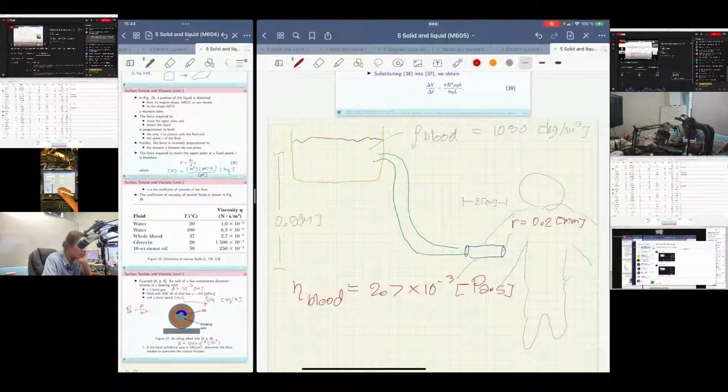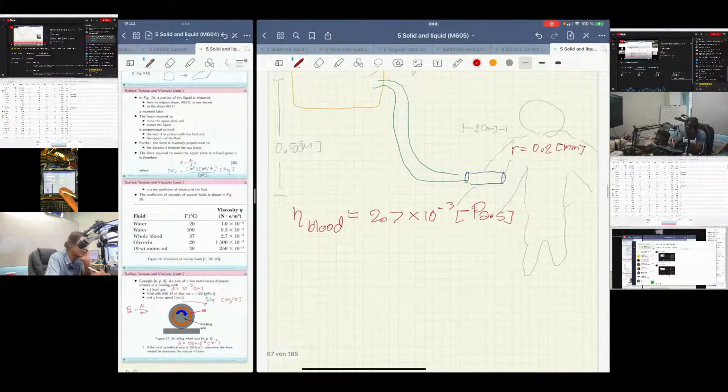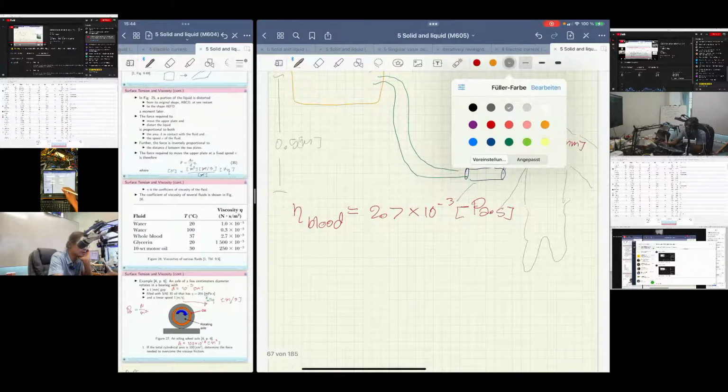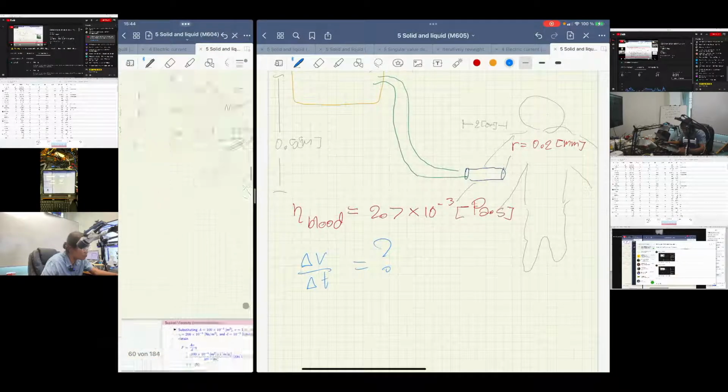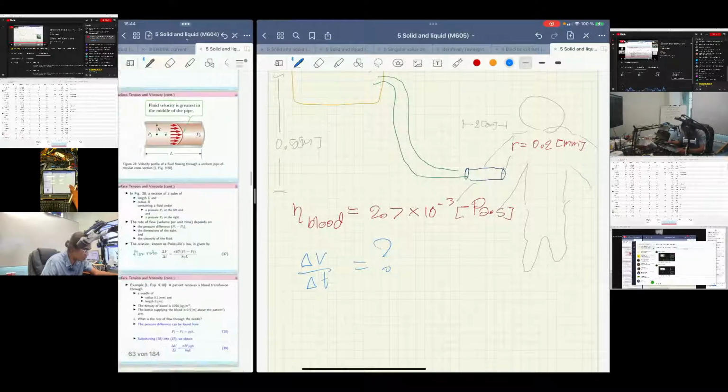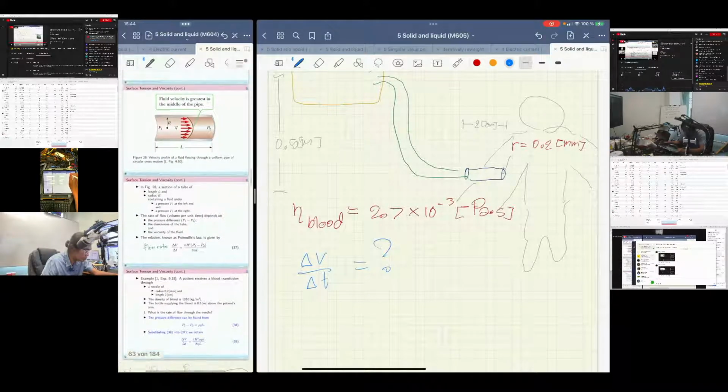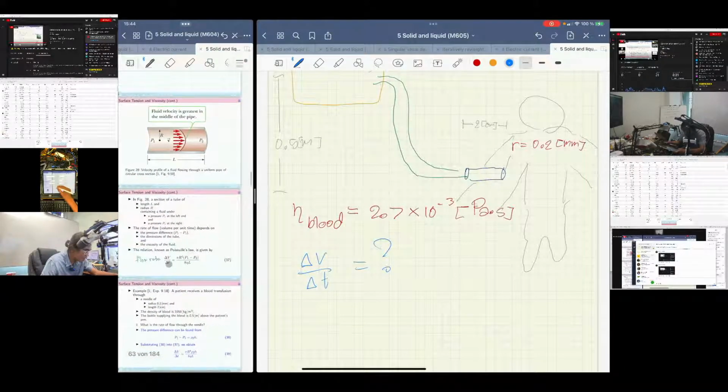And what they want to know is delta V. Oh, sorry, it's not velocity, it's capital V divided by delta T. What is that? We need to consult Poiseuille, the person who found this expression.